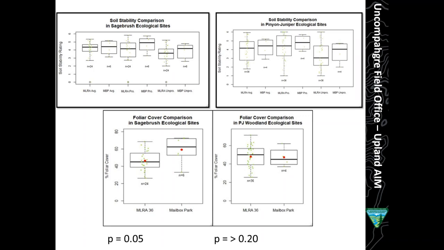Also for foliar cover, you can see for this instance that we have significantly greater foliar cover in our sagebrush ecological sites than do other BLM sites in the MLRA, whereas pinyon juniper woodlands have very comparable total foliar cover.